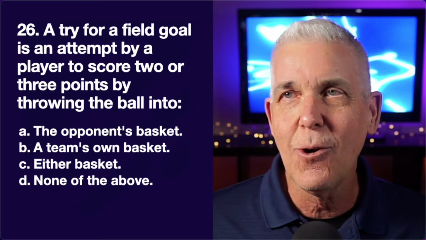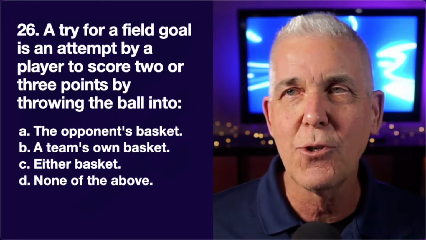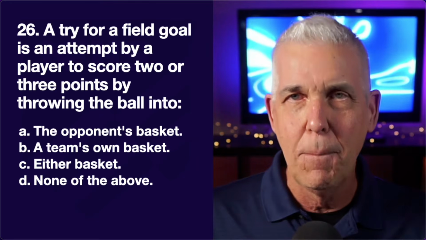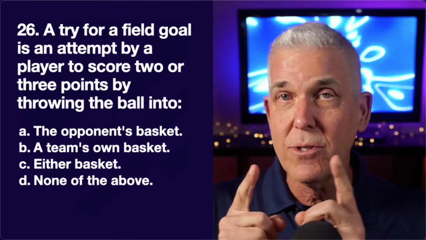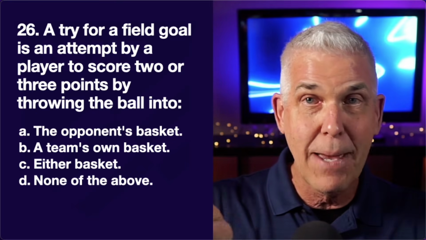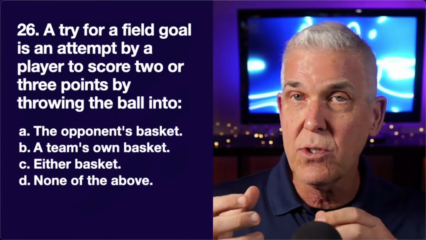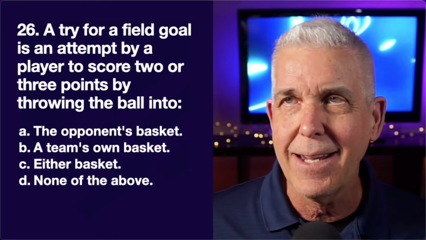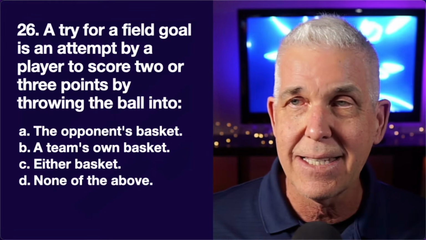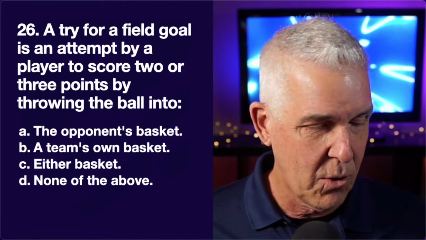A try for field goal is an attempt by a player to score 2 or 3 points by throwing the ball into their own basket. Throwing the ball towards an opponent's basket, even if it's an attempt to put the ball in that basket because the player has become confused, is not a try for goal by rule. So our correct answer here is B, a team's own basket.